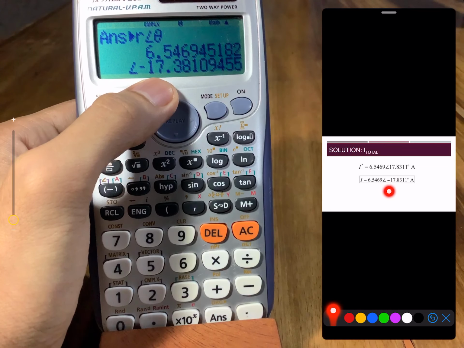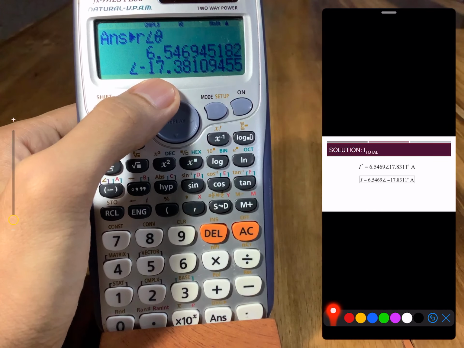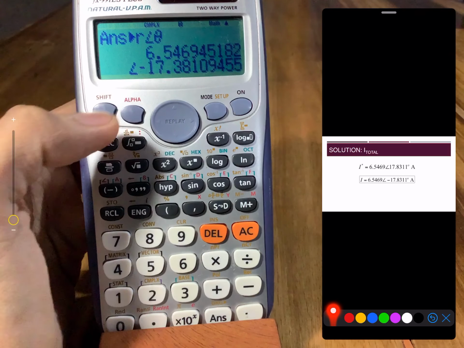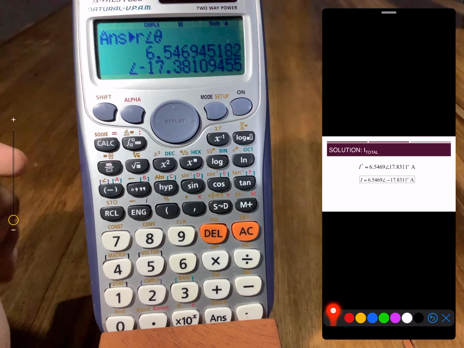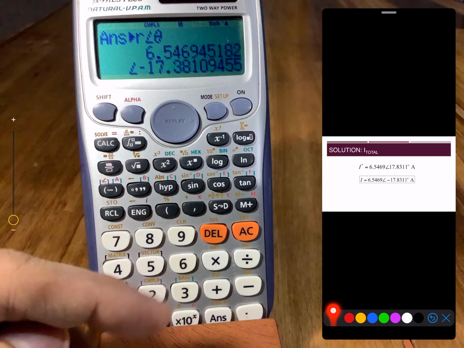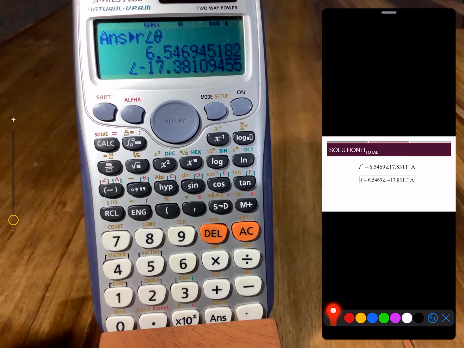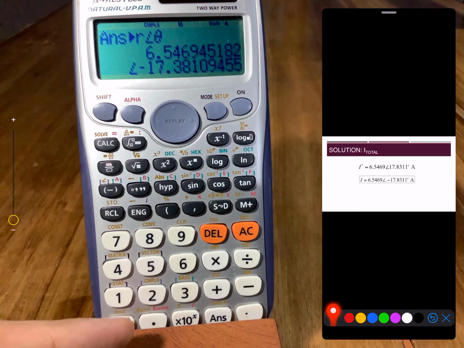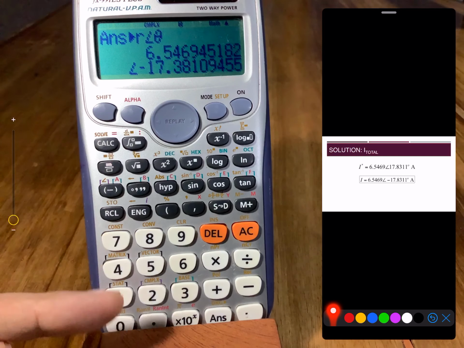We have negative 17.3811 degrees. So in this problem, we showed the function of getting the angle using arg function, getting the conjugate using conjugate function, and converting polar to rectangular or vice versa.